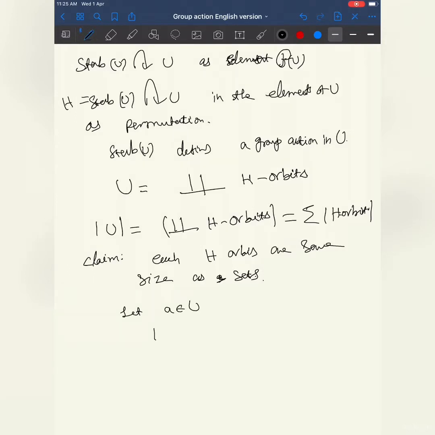Let's see what an H-orbit is. Let a belong to U. What is the H-orbit of a?